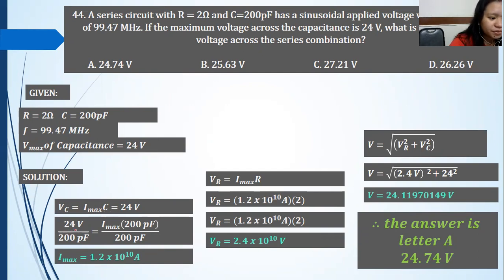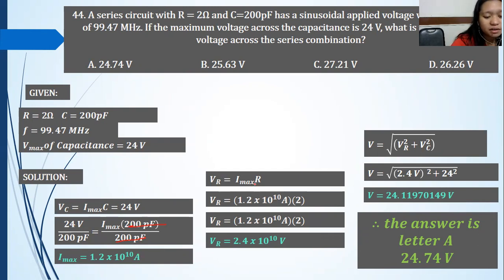So 24 volts is equal to I max times 200 picofarad. We have 24 divided by 200, and we get I max of 1.2 times 10 to the power of 10 amperes.